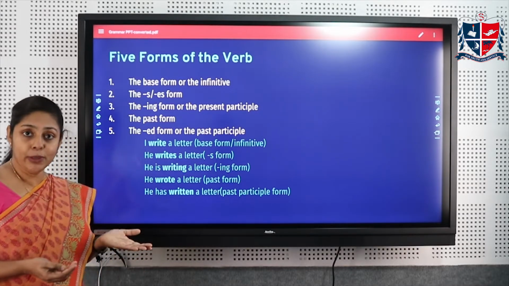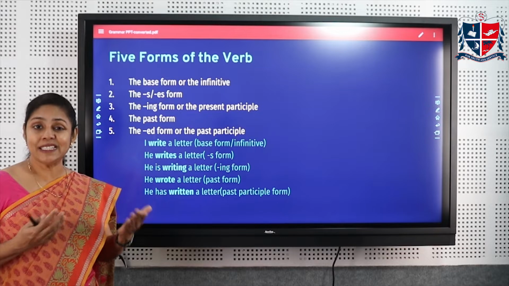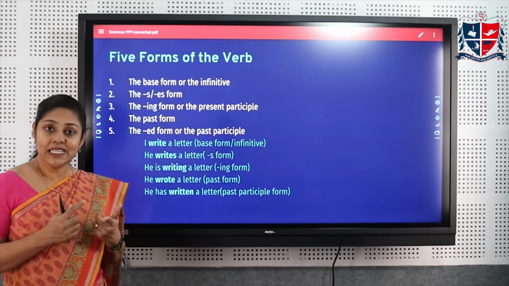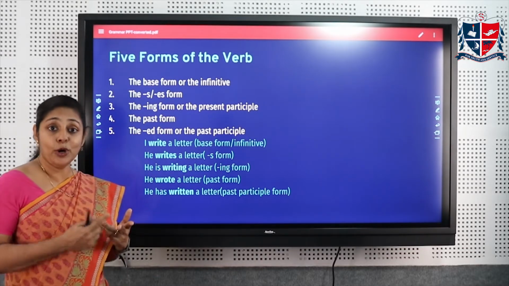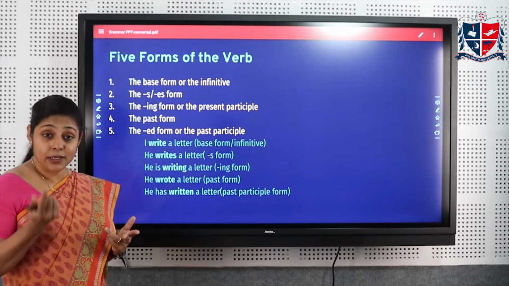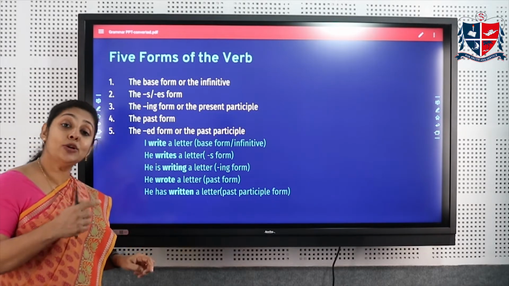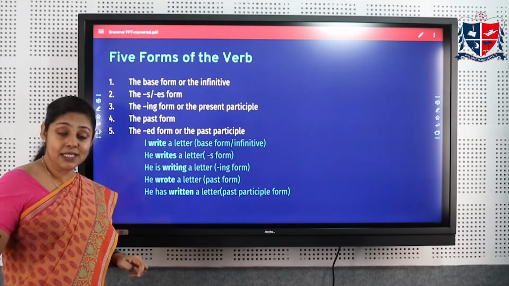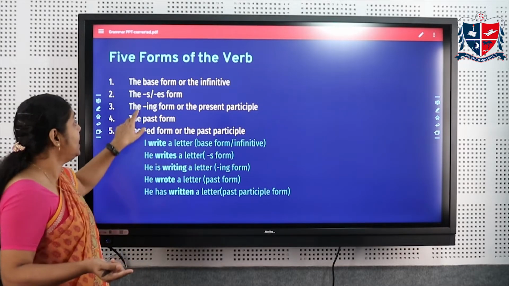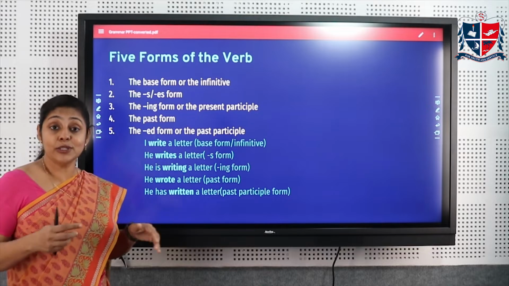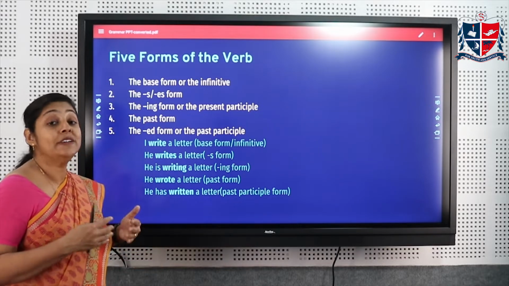Now take another verb, for example. Suppose you take the verb sing. So the base form would be sing. The S form or the third person singular would be sings. But if it's plural, it will be again sing. He sings, they sing, right? Then you have the ing form. It's also called the present participle. So you have singing.